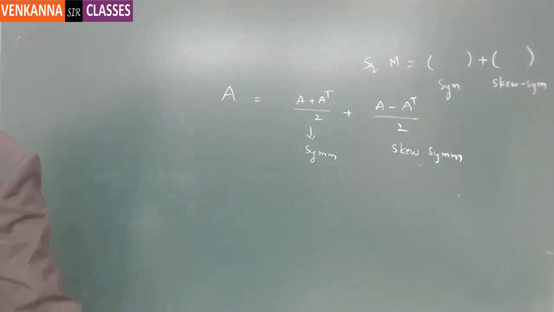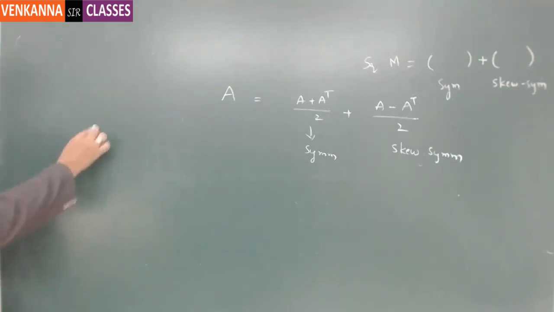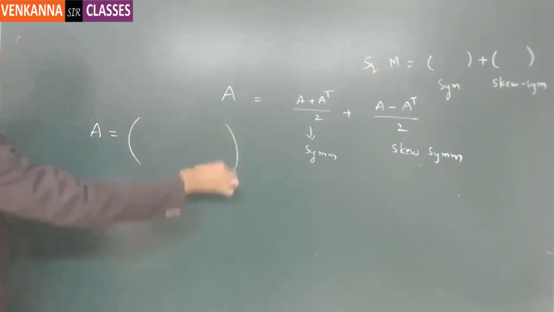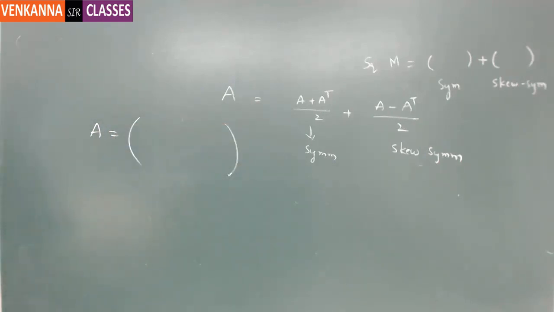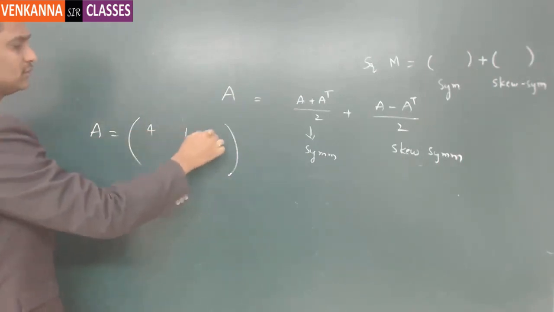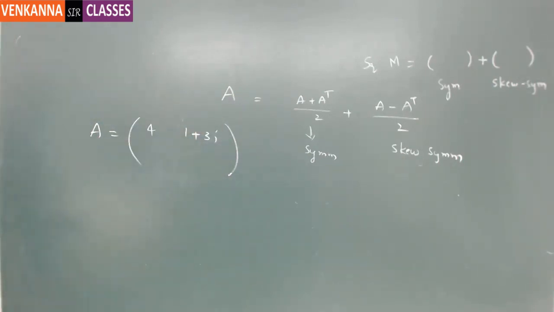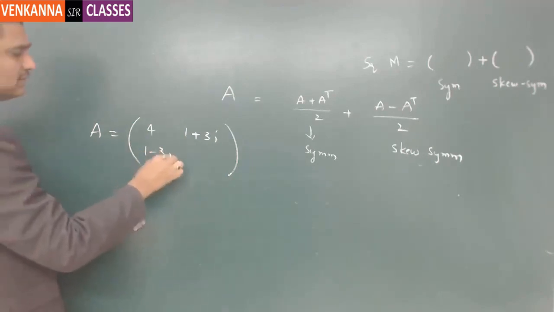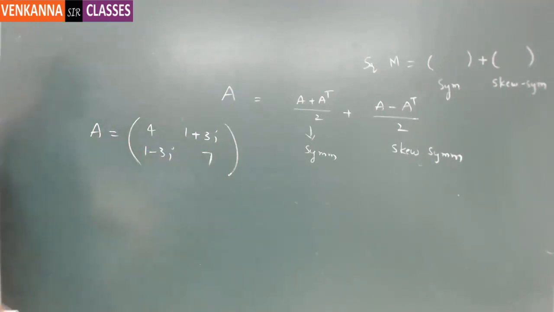Fine. Now let us take the concept of Hermitian matrix. Suppose we have taken the square matrix A as 4, 1 plus 3i, 1 minus 3i, 7. Since the entries in this matrix are complex numbers, it is a complex matrix, and you are going to check whether it is a Hermitian matrix or not.